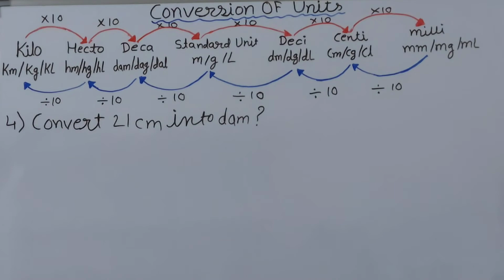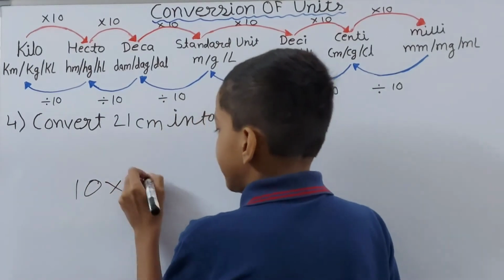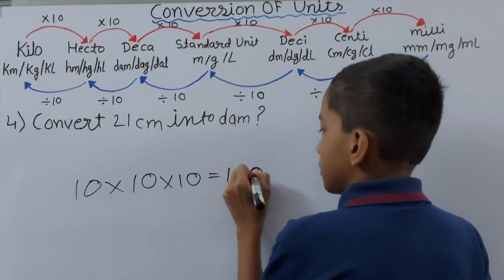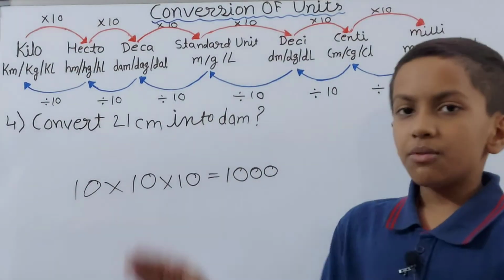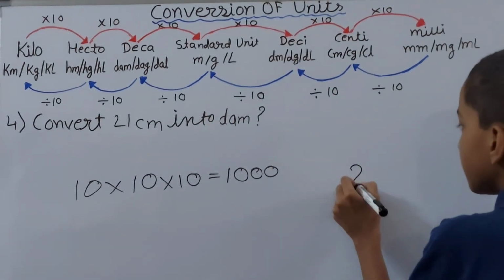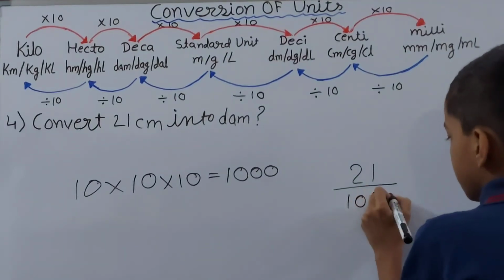Now as I told you, let's find their product quickly. So 10 into 10 into 10, that is 1000. Okay. So this is our product, that is 1000. So that means we are going to divide 21 by 1000 to get our final answer. So let's divide by 1000. Okay.